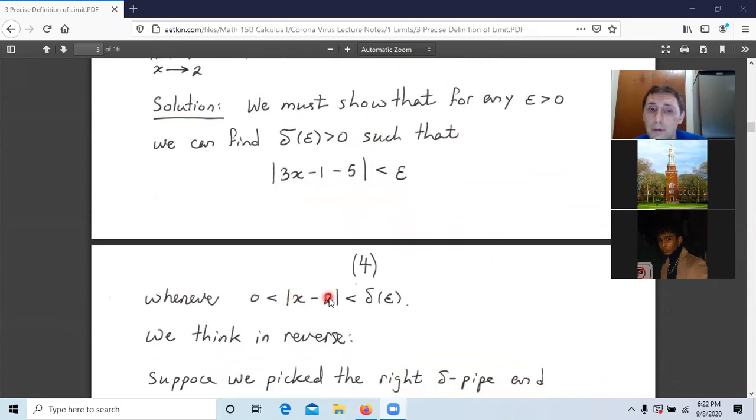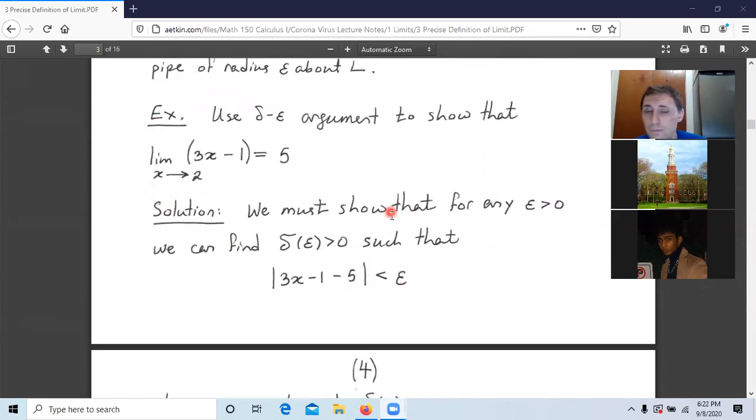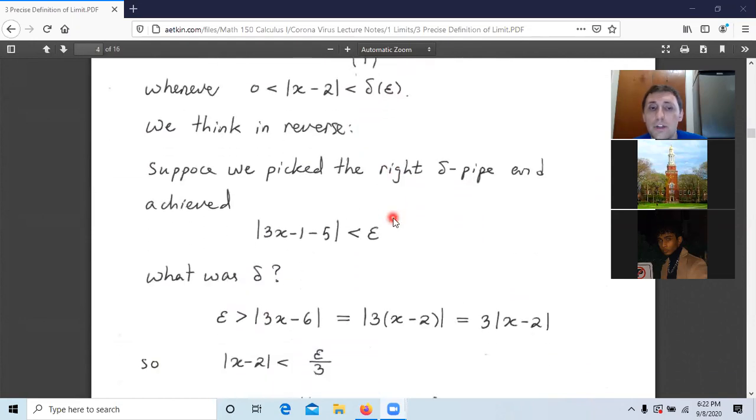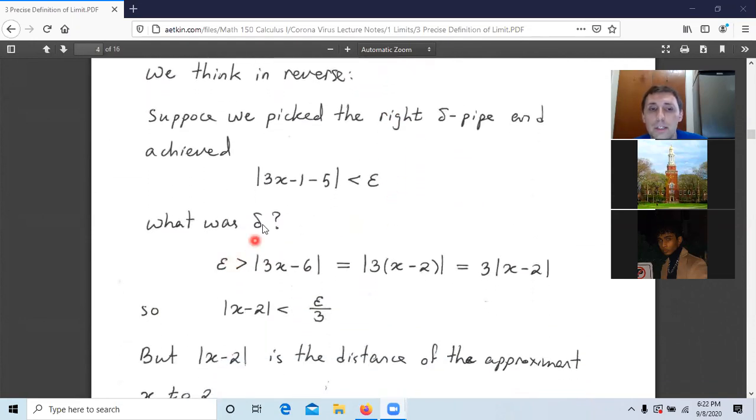I want information about x minus 2 because x goes to 2. So here is how I work it through. Epsilon is bigger than |3x minus 6|. Now I factor out the 3, so we have 3 times |x minus 2|. And I can just take the 3 and divide, and I have that |x minus 2| is less than epsilon over 3.